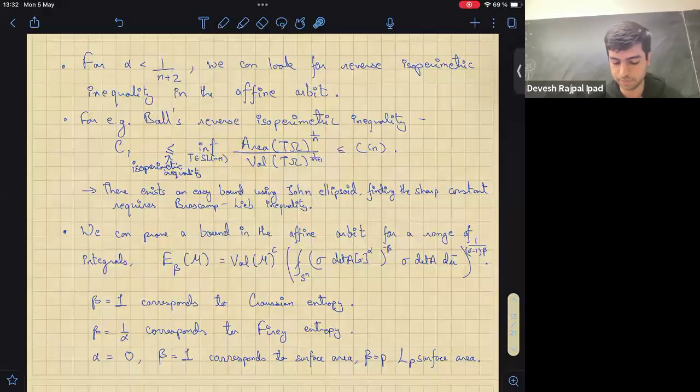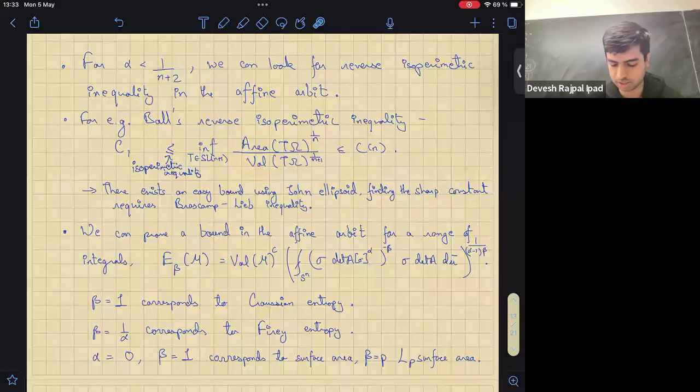I'll call this E beta, and this is the integral of the determinant A raised to alpha, raised to minus beta, with the standard volume measure raised to an appropriate power and volume normalized. For particular values of beta and alpha, we'll see how it corresponds to usual known quantities.